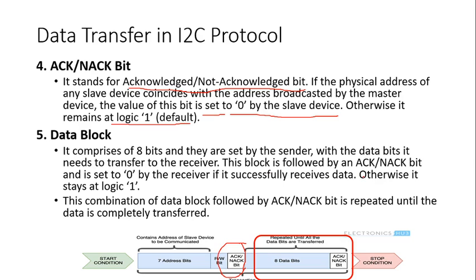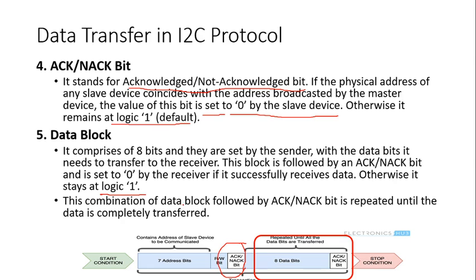This block is followed by an acknowledgement or negative acknowledgement bit, which is set to 0 by the receiver if it successfully receives data. Means acknowledgement bit is 0 and negative acknowledgement bit is 1. Otherwise, it stays at logic 1.